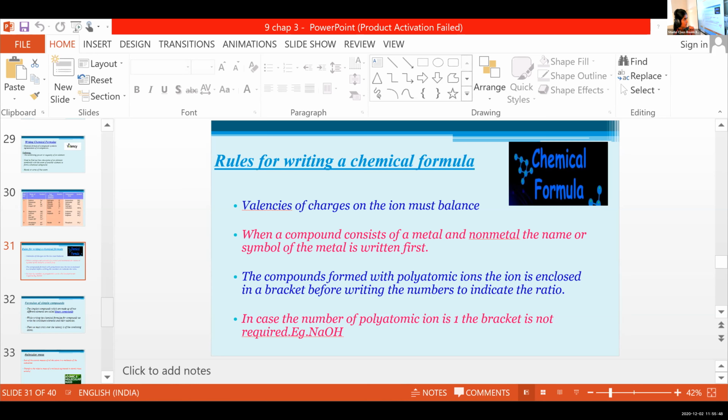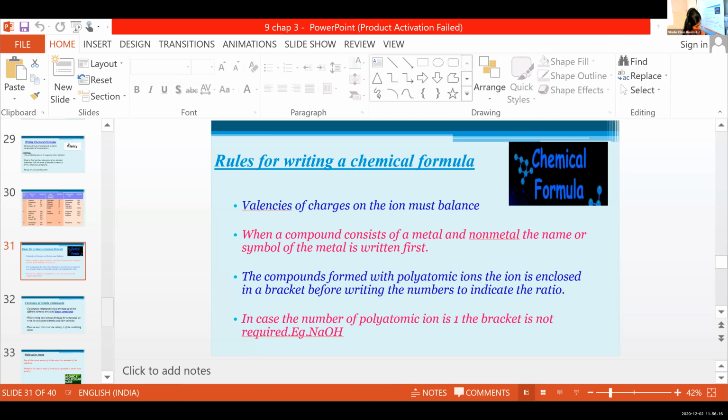In case the number of polyatomic ion is 1, only one ion is present in that compound, bracket is not required. So NH4 plus 2, like that, bracket is needed. OH is an example for a polyatomic ion, that is hydroxide, which we learned in the examples.